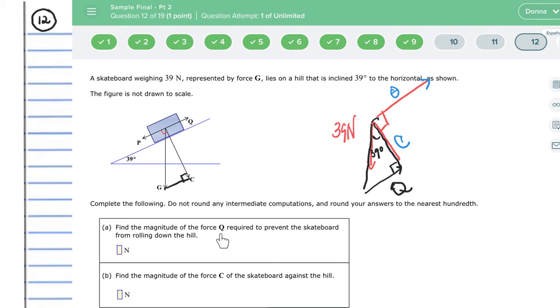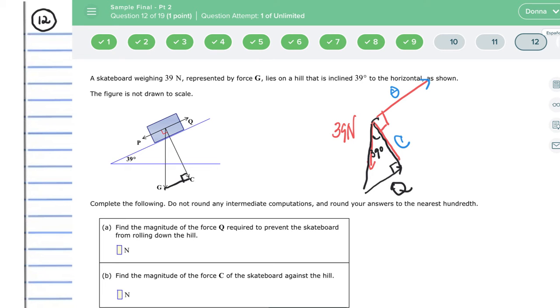So our first problem, they want us to find Q. So I noticed that Q is opposite the 39 degrees. And I noticed that the 39 newtons, which was my G, is opposite the right angle, so that's my hypotenuse. So I have the opposite that's unknown, and I have the hypotenuse. So what trig function uses opposite and hypotenuse?